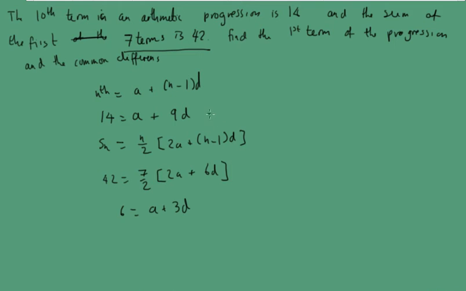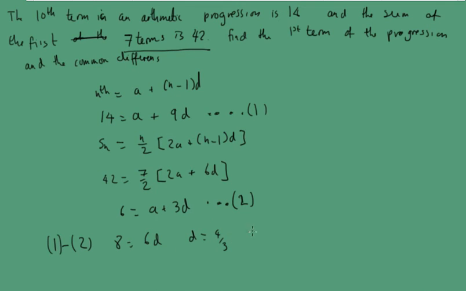So we're going to call this equation 1 and this equation 2. So again we've got a couple of equations which we can solve using simultaneous equations. So we're going to take equation 1 and take away equation 2. So 14 take away 6 is going to give us 8. The a's are going to cancel out. 9d take away 3d is equal to 6d, so d is equal to 4 over 3.